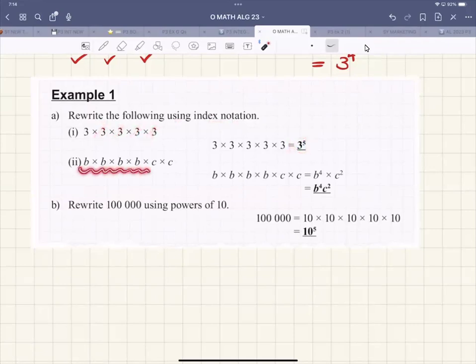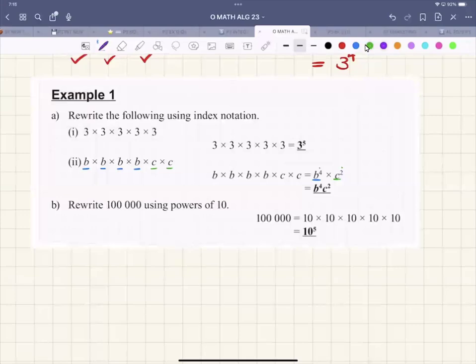And now we are talking about variables also. So now we are studying algebra as well as the concept of numbers. So 1, 2, 3, 4, that is b raised to power of 4. And then we have c multiplying by itself twice, that is c raised to power of 2. So that is b power 4, c raised to power of 2.